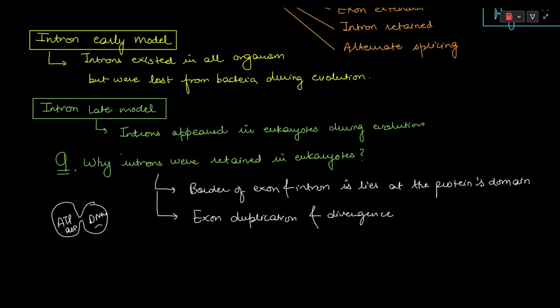For example, let's take the immunoglobulins, the antibodies. I hope you know that the immunoglobulins contain repeating units. So it is possible that at first there was only one exon, but due to exon duplication, there was another exon just like that, and that actually is how immunoglobulins, or the proteins which contain repeated units, might have got those repeated units. So that is another thing that you can use.